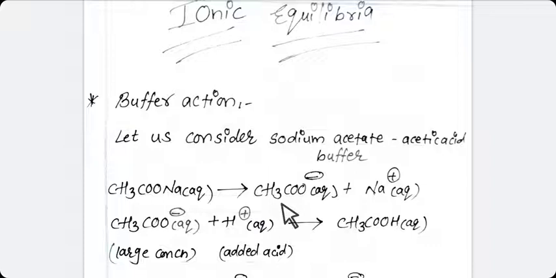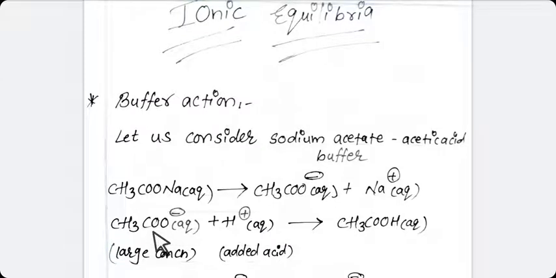Students, what I want to explain here is, when you are adding a strong acid, means any strong acid, in this buffer solution, the strong acid contains H plus ion. So this strong acid reacts with acetate ion.